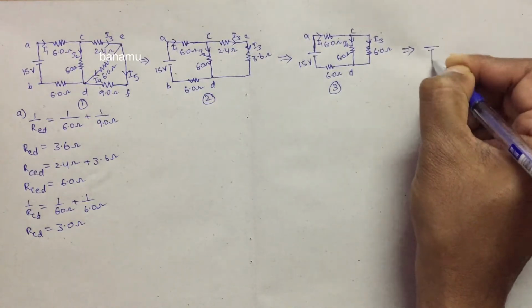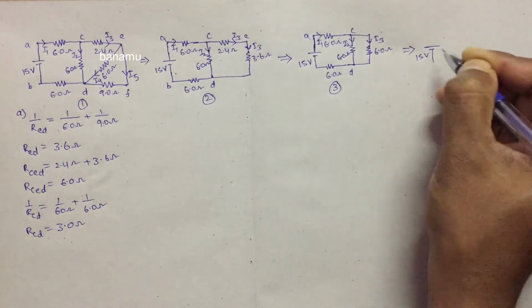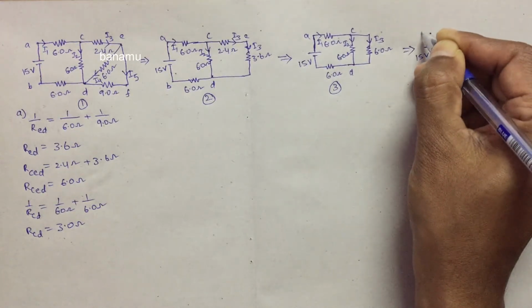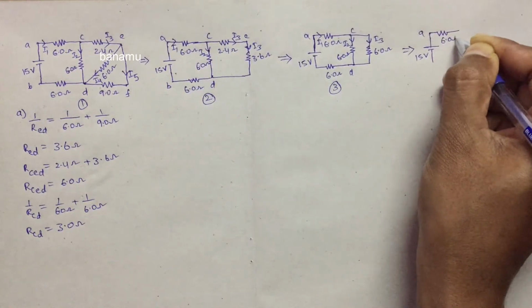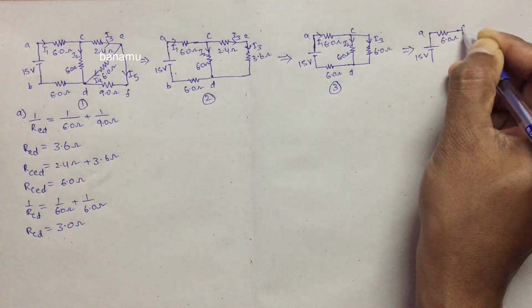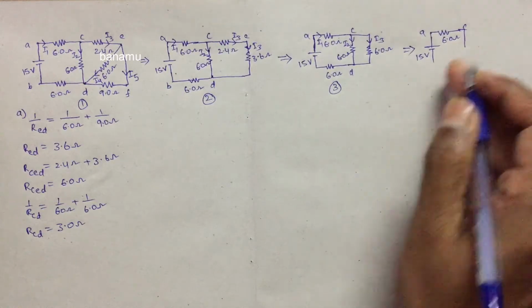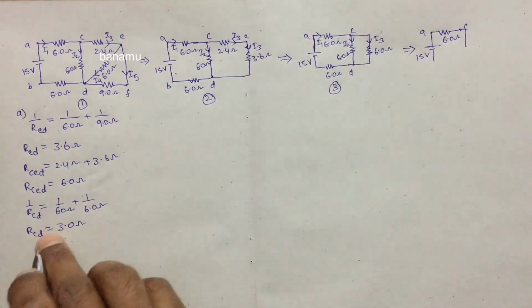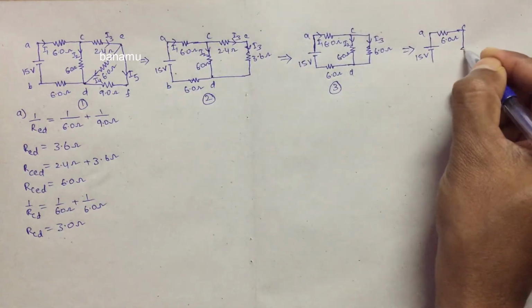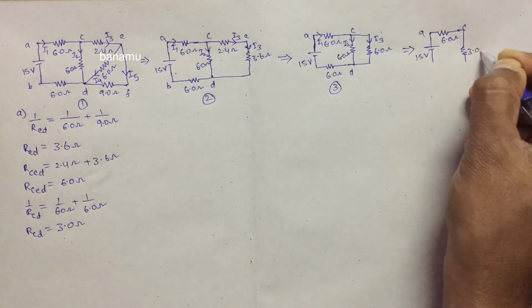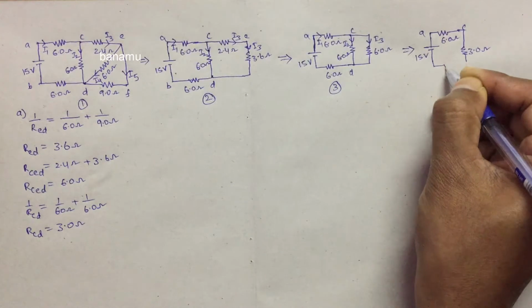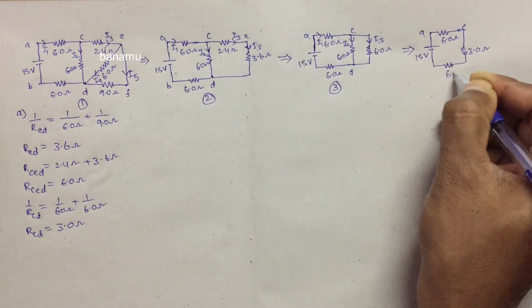So, draw another figure. This is the 15 volt battery. This is the point A connected to a 6 ohm resistance. This is the point C, and connected to it is the equivalent resistance R_CD, which is 3 ohms. This is the 3 ohm resistance, and it is connected to a 6 ohm resistance.